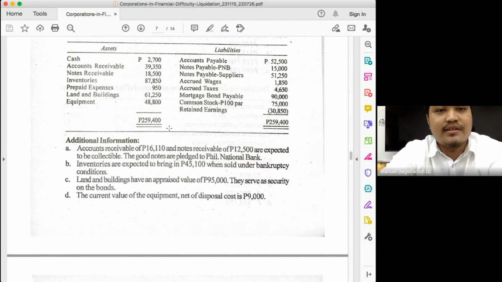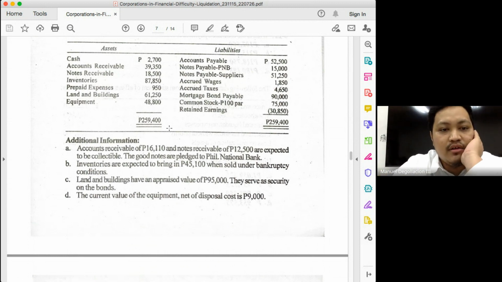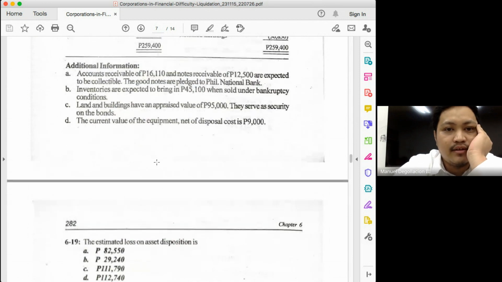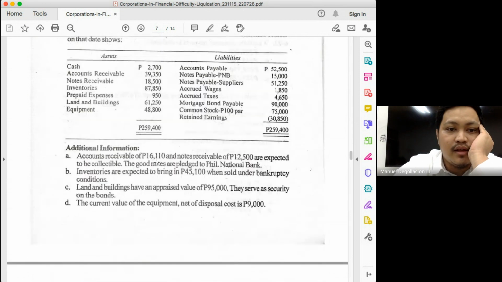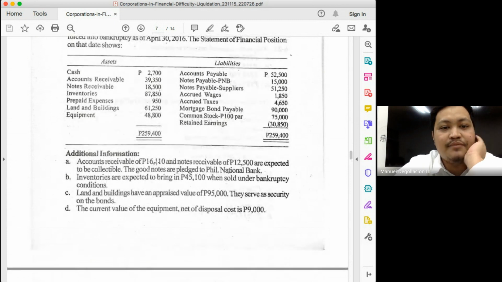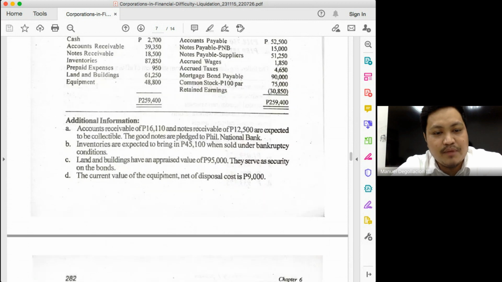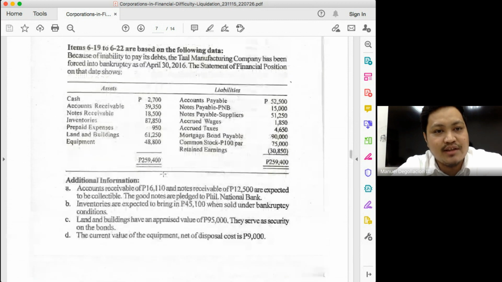Accounts receivable is 39,350, and then the recoverable amount is only 16,110. Okay, so the difference there would again be a form of an impairment loss. So that will be part of your answer in 6-19.